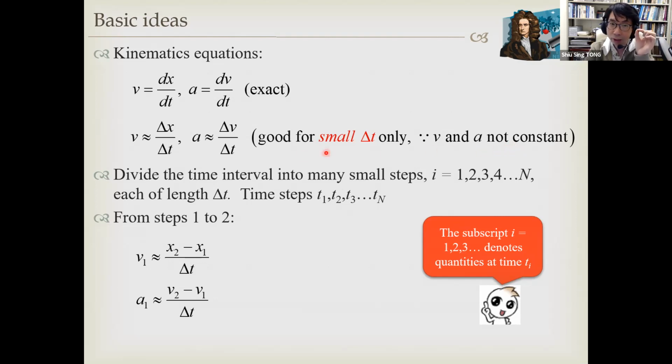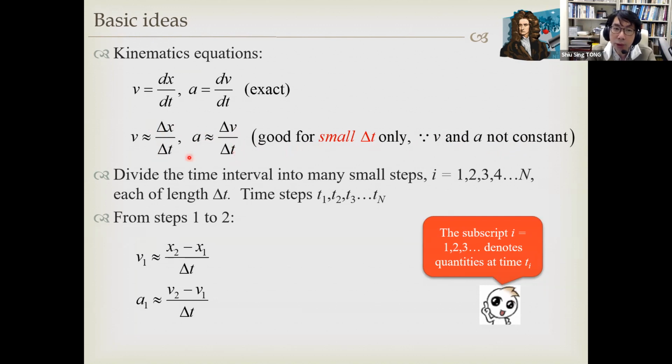Even though the change may be small when delta t is sufficiently small, they are still changing, and so that's why they are not exact. For delta x over delta t, you only get the average velocity, and for delta v over delta t, you only get the average acceleration in that time interval. Although when delta t is sufficiently small, the average quantity is very close to the instantaneous quantity.